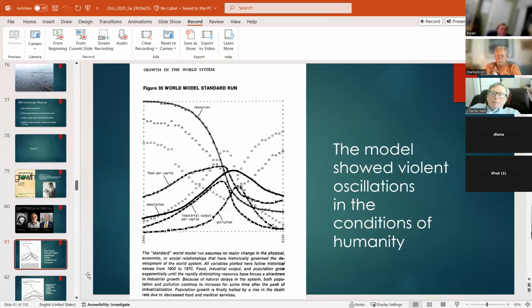And it showed the human population declining greatly, not by their choice, over their computer runs, almost no matter what they did. Pollution increasing, resources declining, eventually impacting food per capita and so forth.